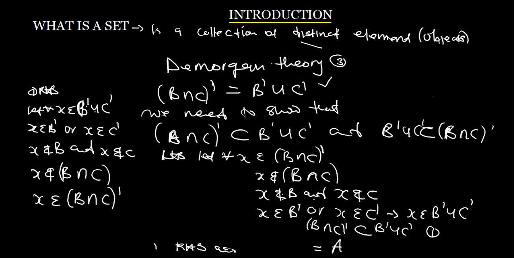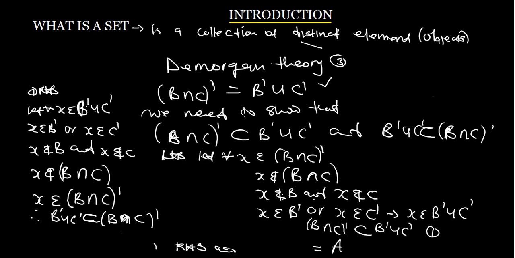So therefore B complement union C complement, like that, is a subset of B intersection C complement. So that's the thing.